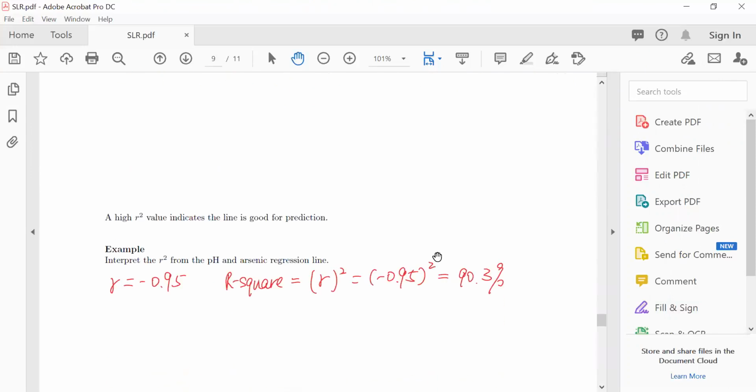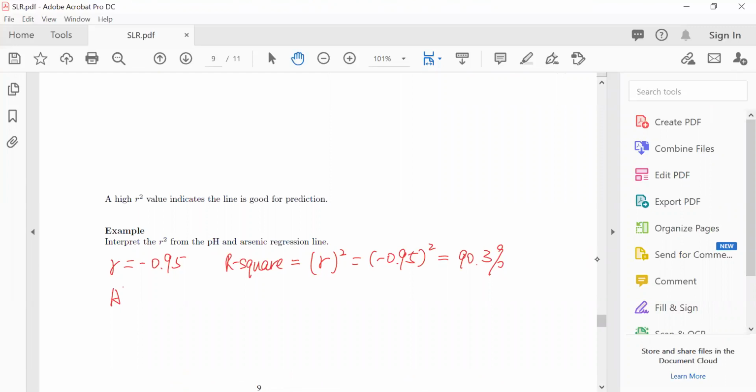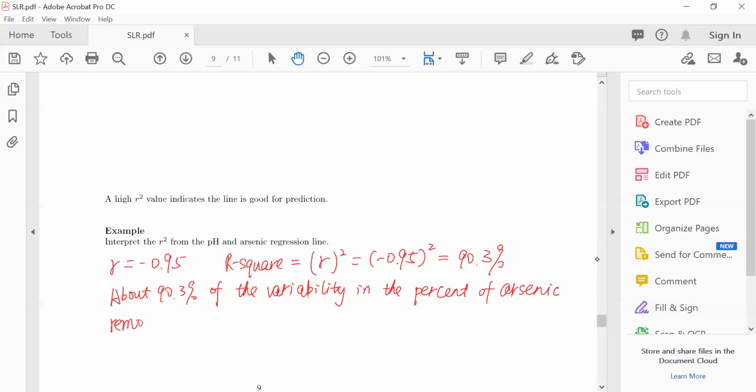In our example here, we would interpret it as about 90.3% of the variability in the percent of arsenic being removed can be explained by the linear relationship with pH.